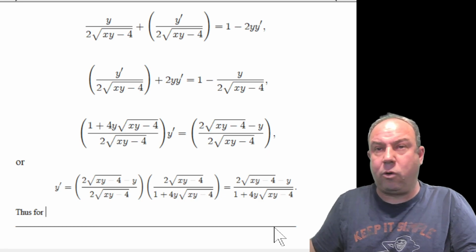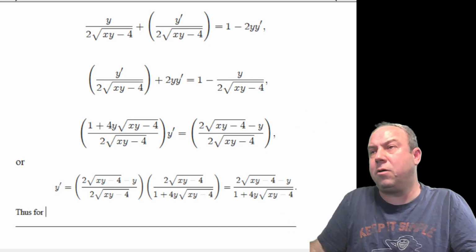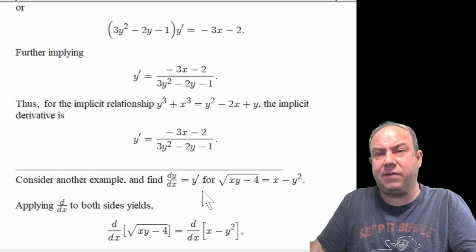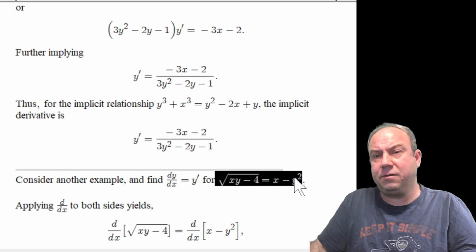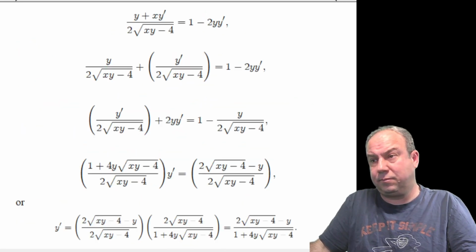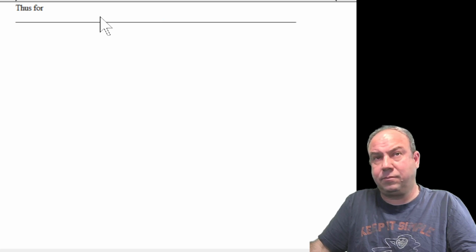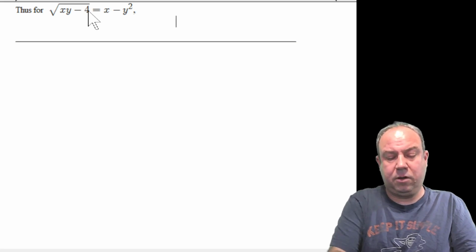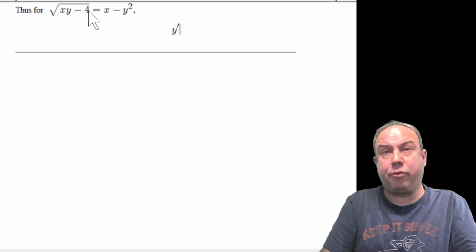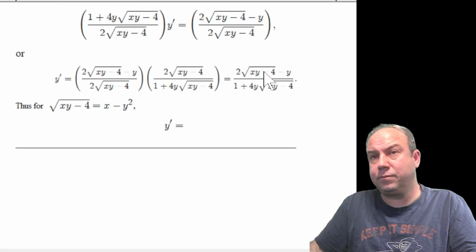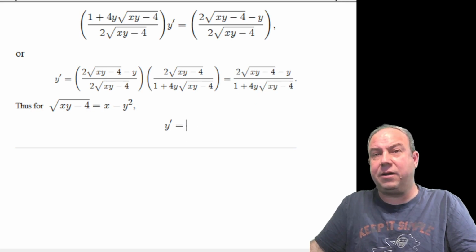Thus, let's go back to our original equation and identify it again, because this is kind of a distance away, right here. We just found y prime was equal to this implicit relationship right here.